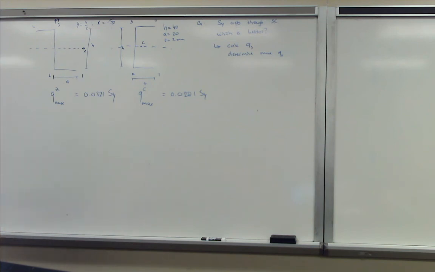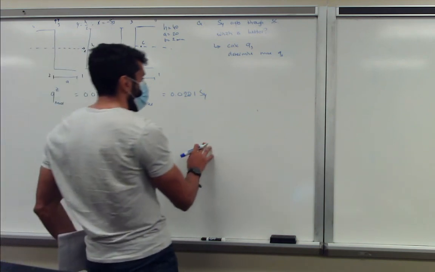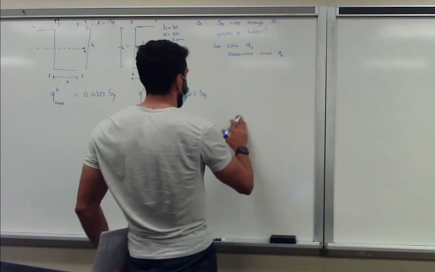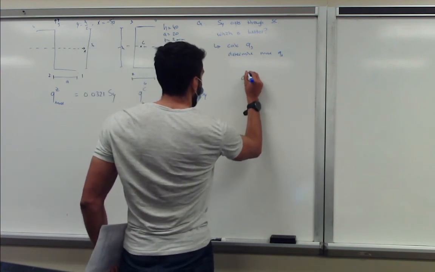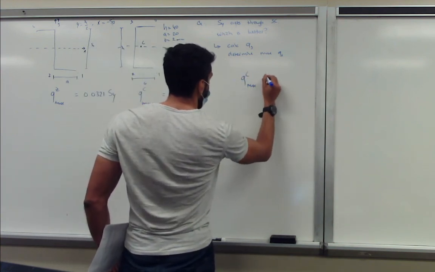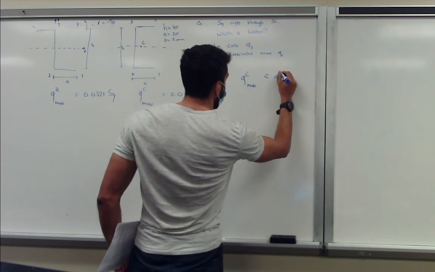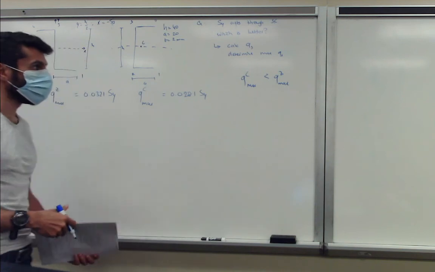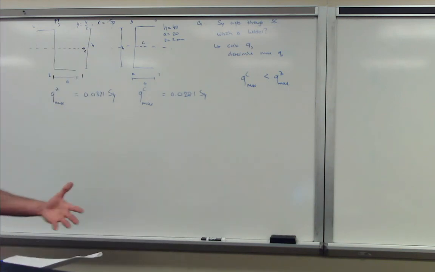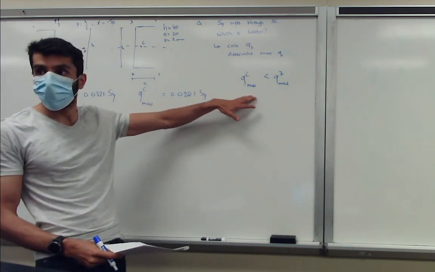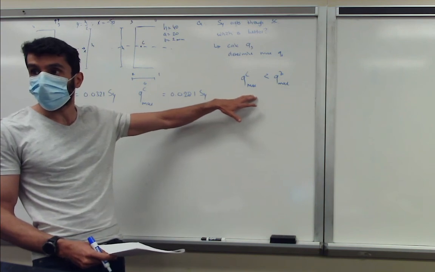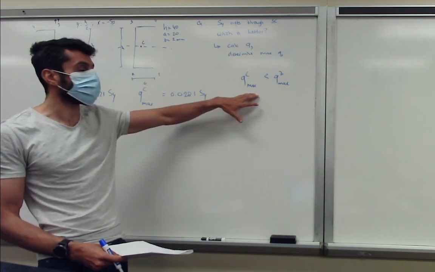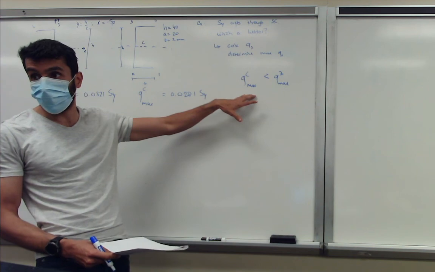Okay, so to answer the question, which one is better? QC max is less than QZ max. So therefore, you can argue that for the same shear force, you get less stress or less maximum shear flow in C, which is directly correlated because the thicknesses are equal.